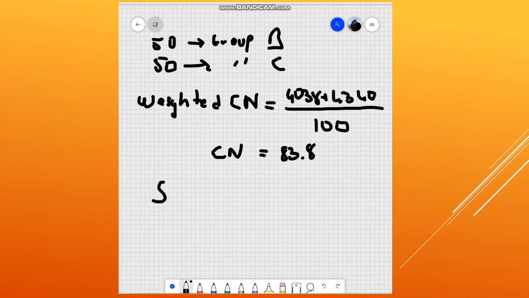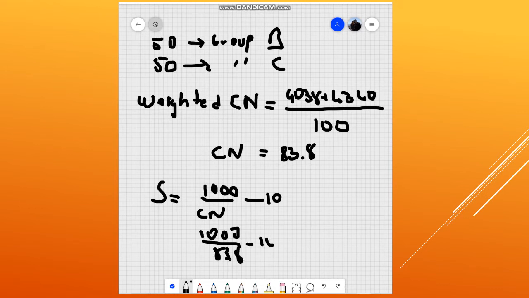Then we can calculate the potential maximum retention, which we know the formula for: 1000 over the curve number minus 10. The curve number right now is 83.8 minus 10.